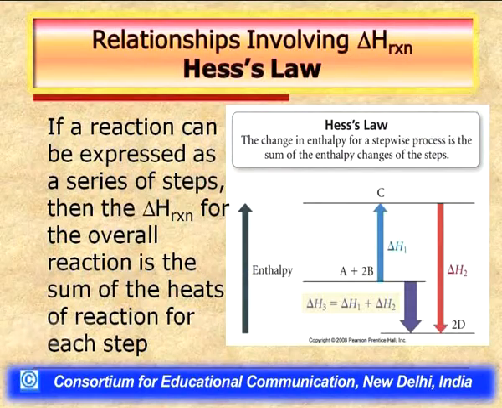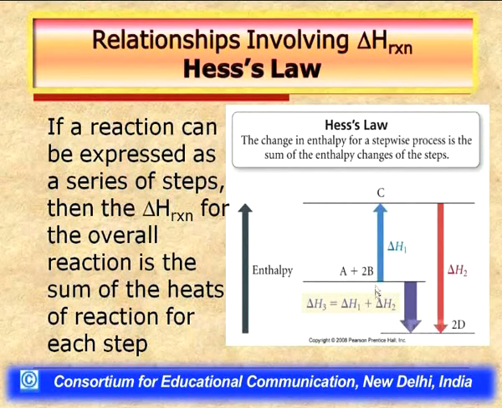According to Hess law, if a reaction is expressed as a series of steps, then the enthalpy change for the overall reaction is the sum of the enthalpies of the reactions for each step. We can see this very easily. Suppose there is a reaction in which A plus 2B leads to 2D.